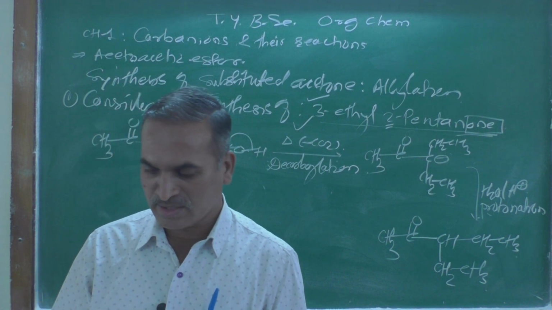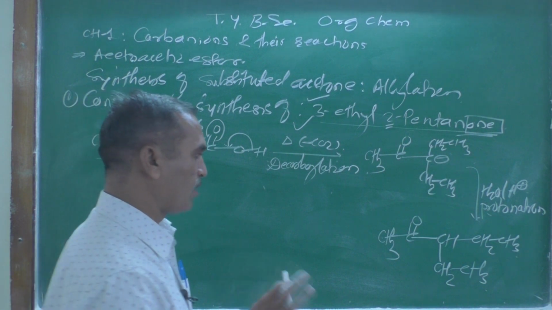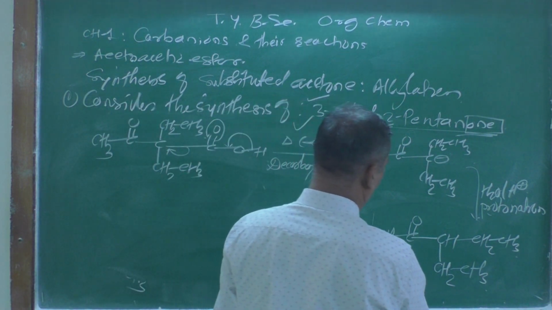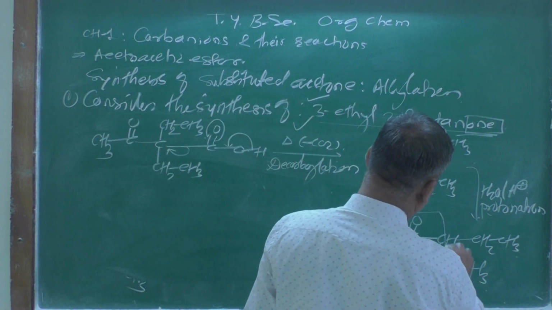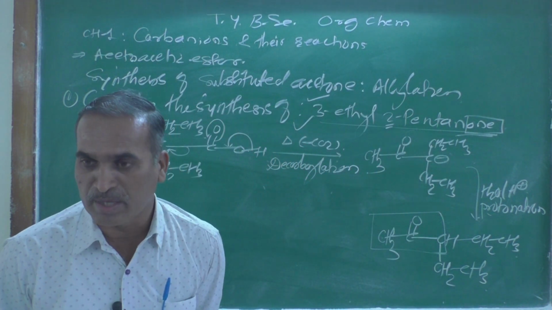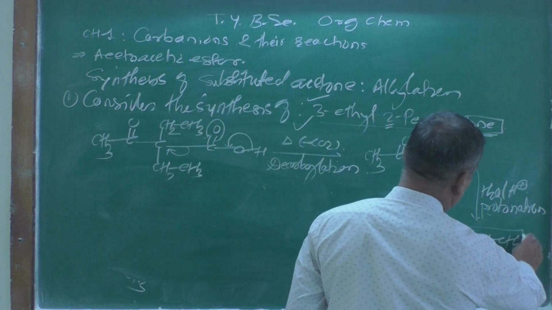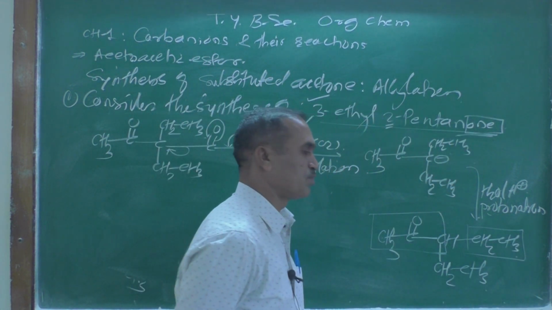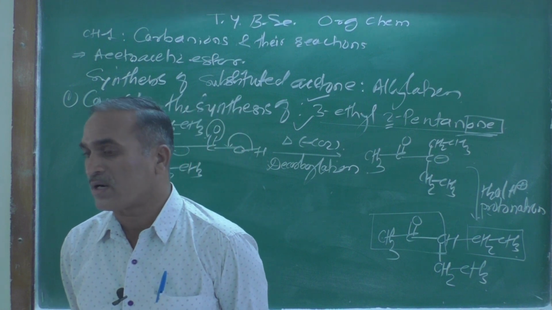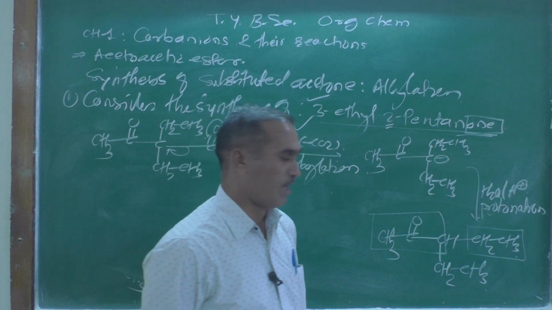So now let us see the second. What are the noticeable points here? I already discussed during the planning. You noticed this part, CH3 C double bond O C, which is coming from the acetoacetic ester, and this marked part, CH2 CH3, which is coming from the alkyl halide.